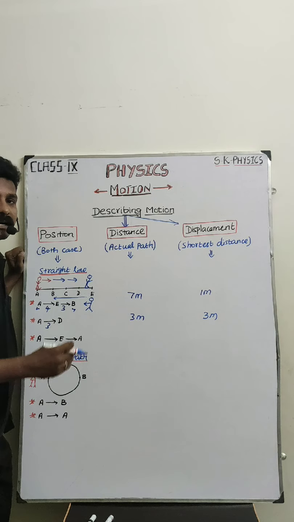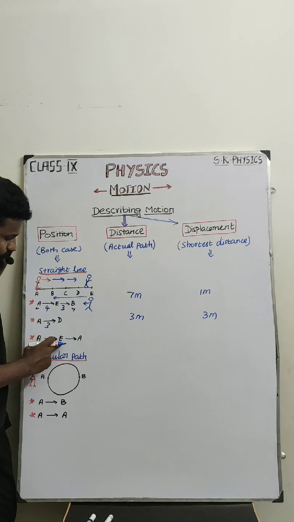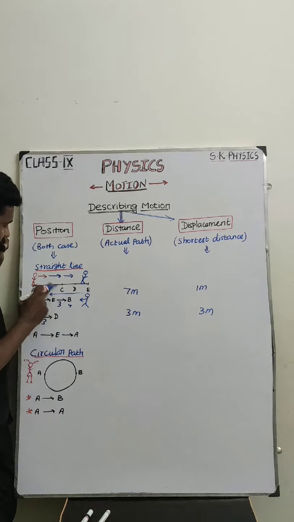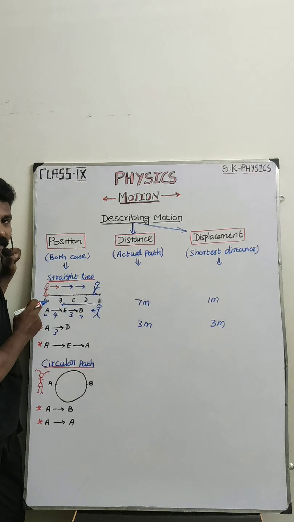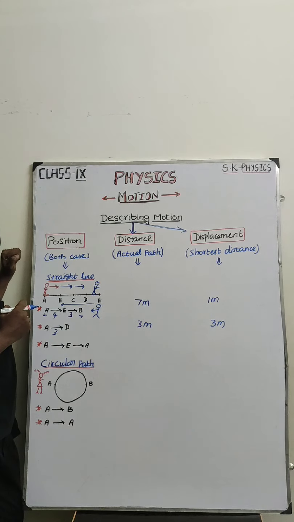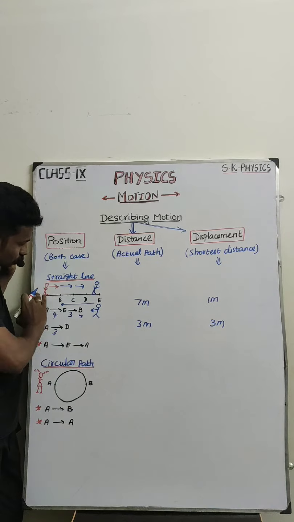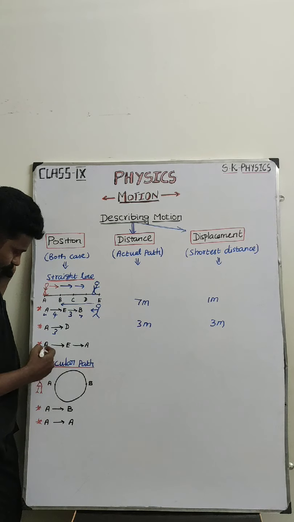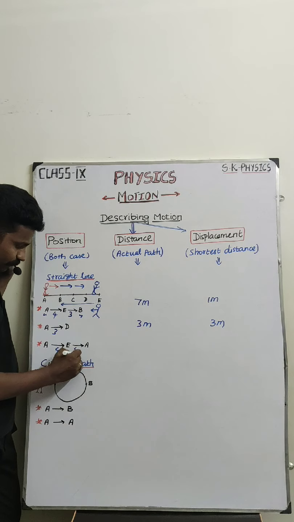Then the next one: A to E, again E to A. He started at position A and ended at position A. 1 meter, 1 meter, 1 meter, 1 meter, so totally 4 meters up to E. Then again E to A, another 4 meters.